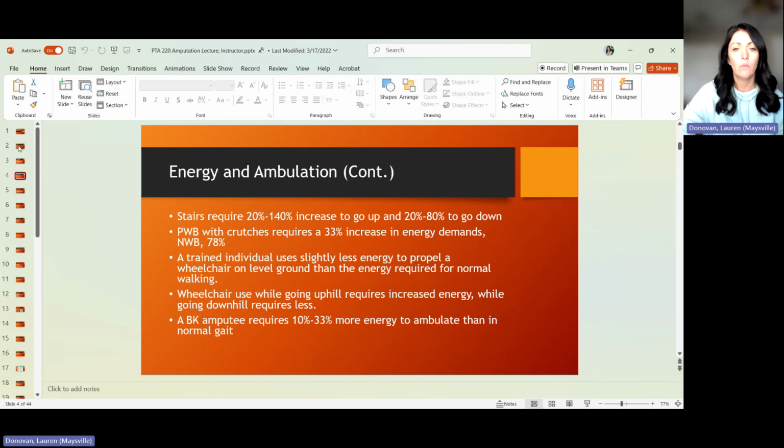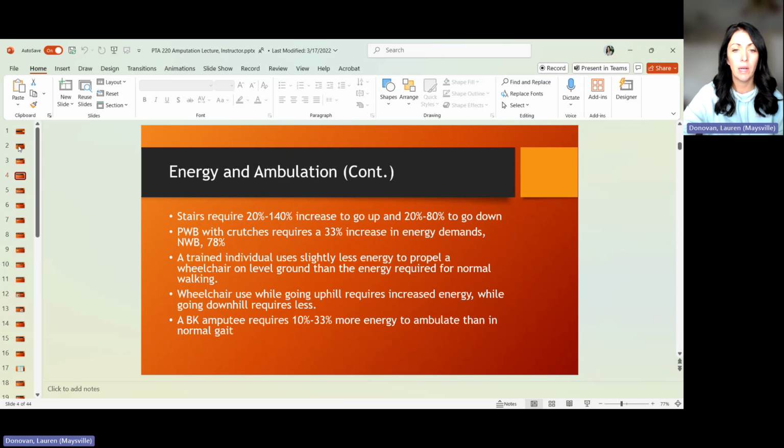A trained individual is going to use slightly less energy to propel a wheelchair on level ground compared to normal walking, but it still takes a lot of energy. Wheelchairs going uphill require increased energy, and going downhill obviously requires a lot less.